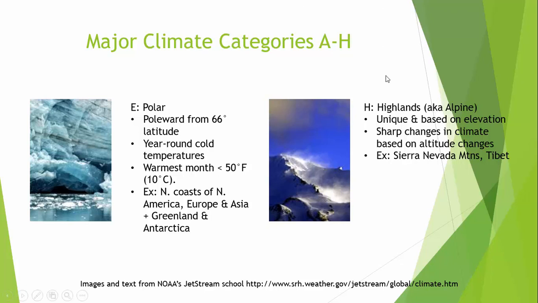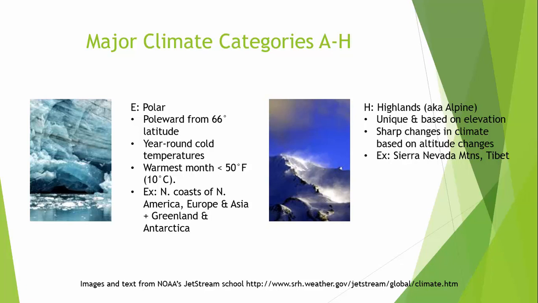And then the last one we talked about when we were looking at that map was the Highlands. Some people refer to this as alpine regions, but the official name, according to the Köppen climate zones, is Highlands. This is really unique. So these are isolated areas that are at very high elevations, and they're also experiencing sharp changes in climate.